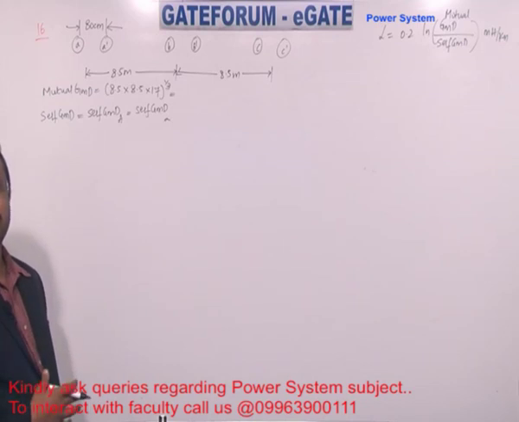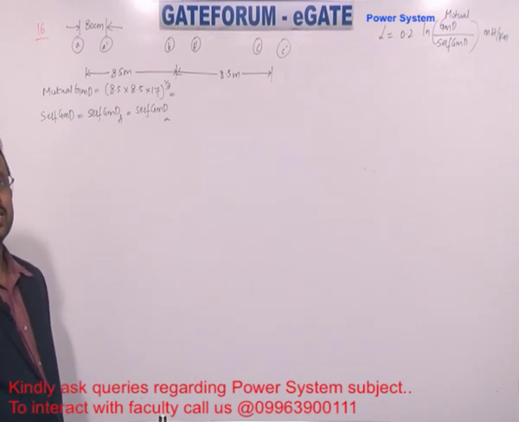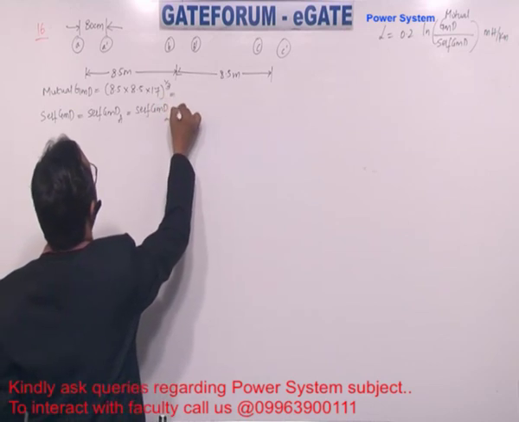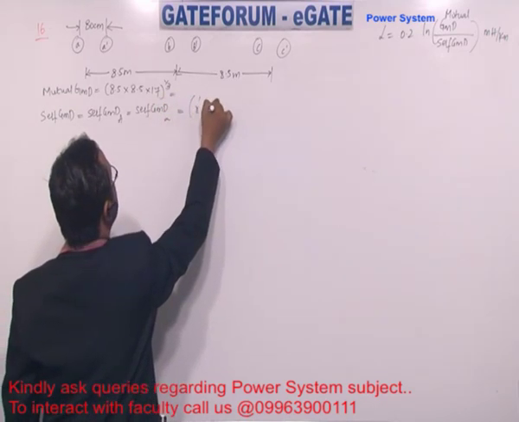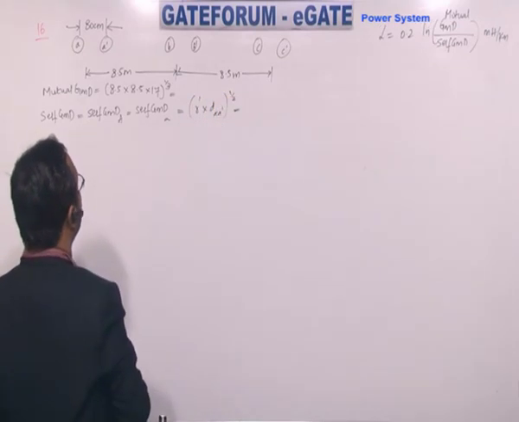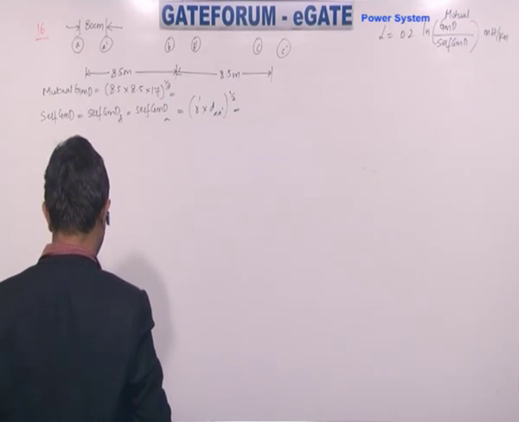Check in the question. Each phase conductor has two subconductors. The subconductors are symmetrically spaced. What about A now? Its radius r dash, A dash. Two distances we apply square root. Now further you are given this point in the question.